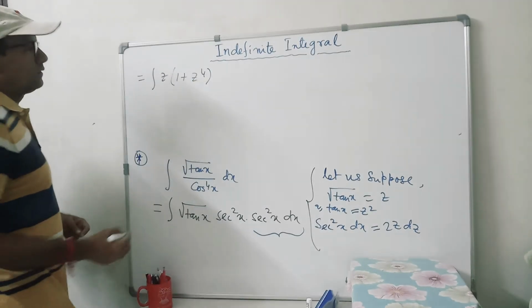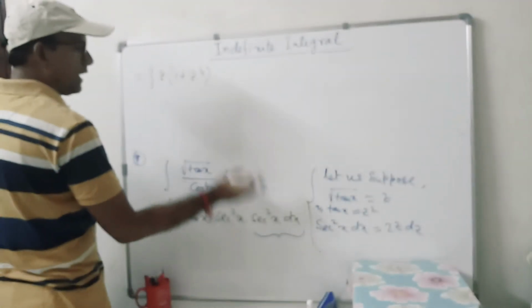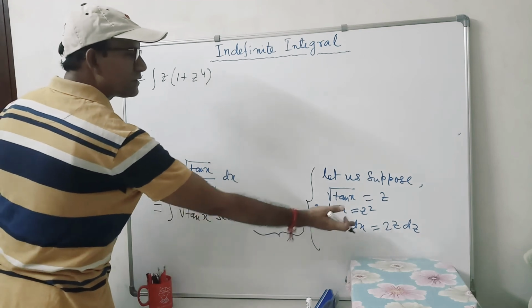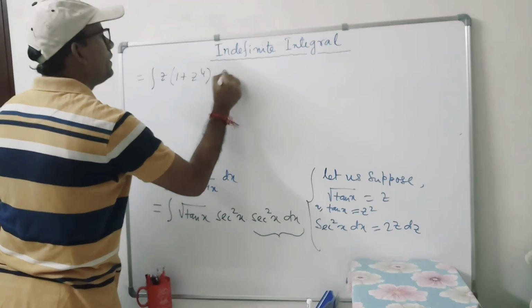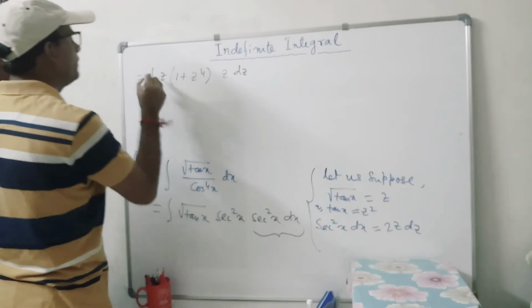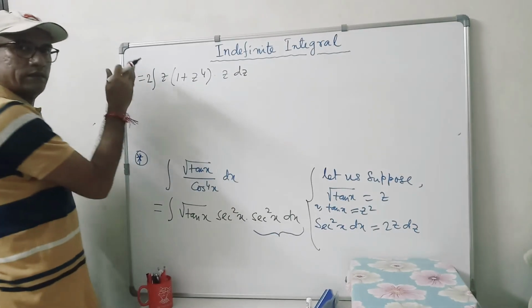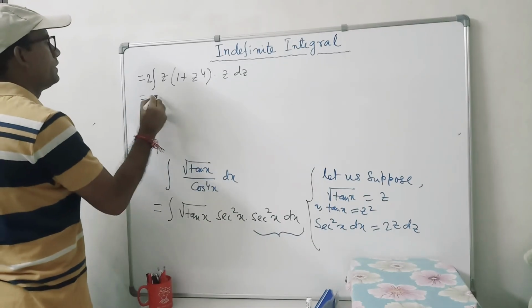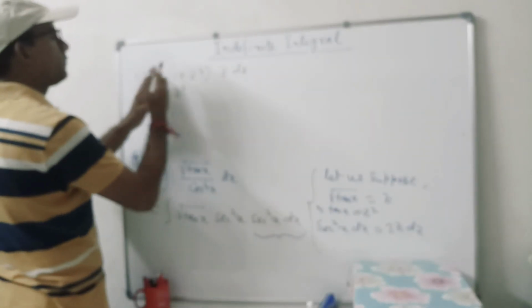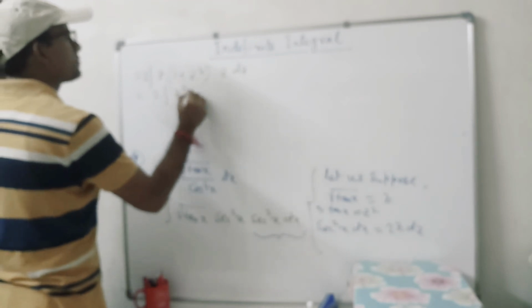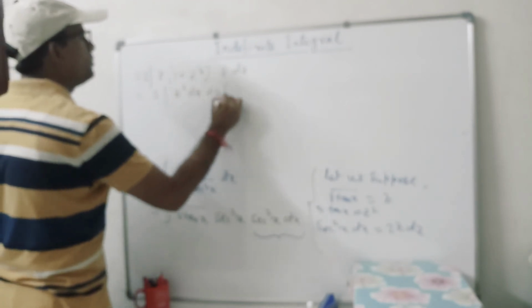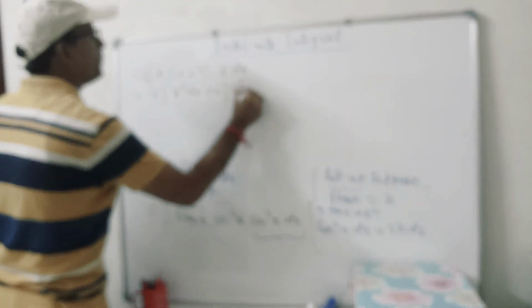Very easy. And this part, sec square x dx is 2z dz. So you can take 2 out, because 2 is constant here. 2 integration z square dz plus 2 z to the power 4 dz.